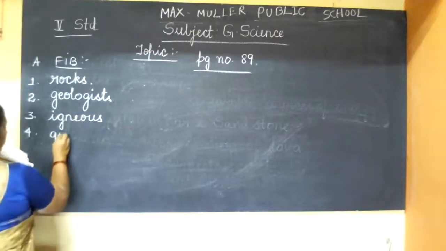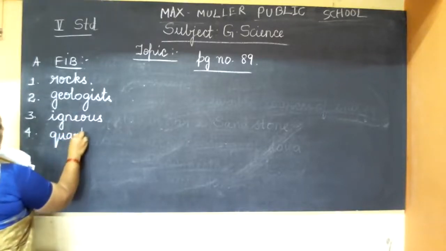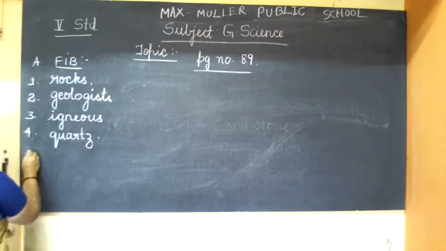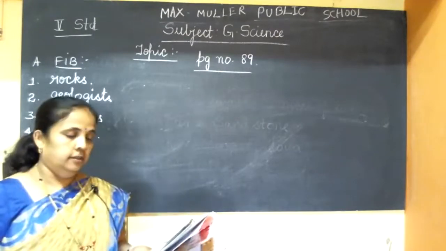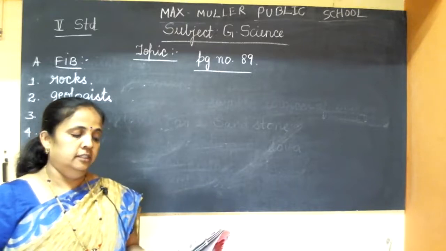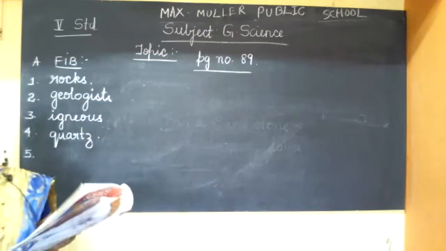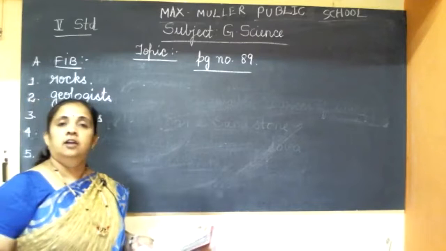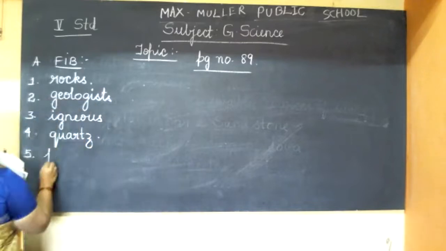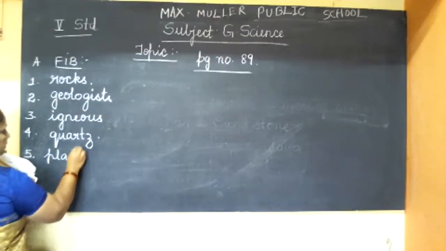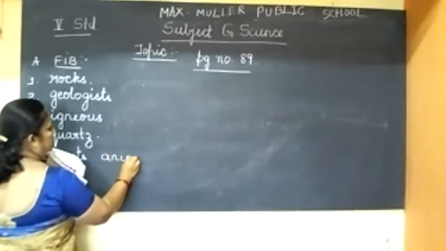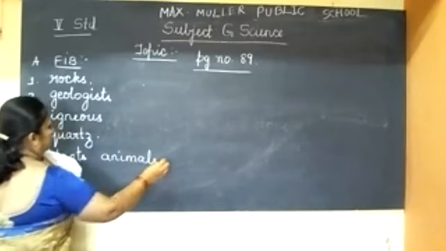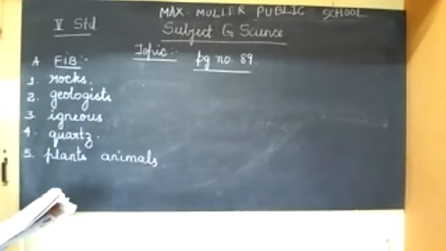It is quartz. Quartz. Next, fifth, fossil means the remains of dead dash and animals preserved in rocks. It is plants. Okay, so this was fill in the blanks.